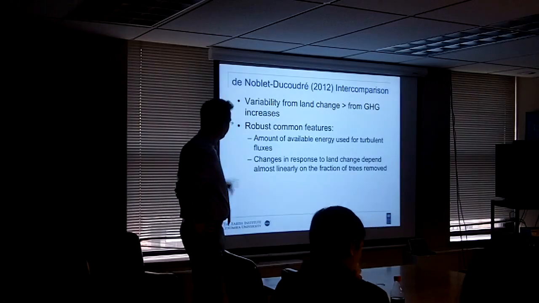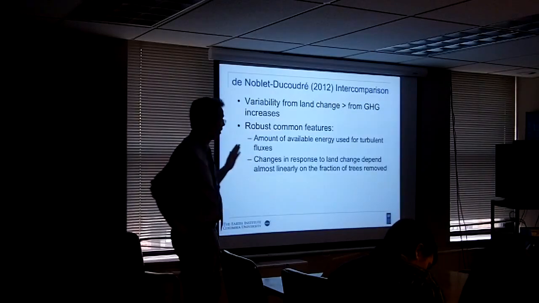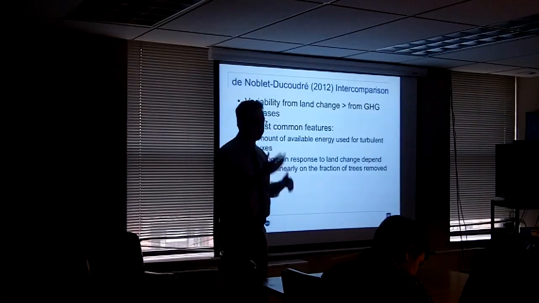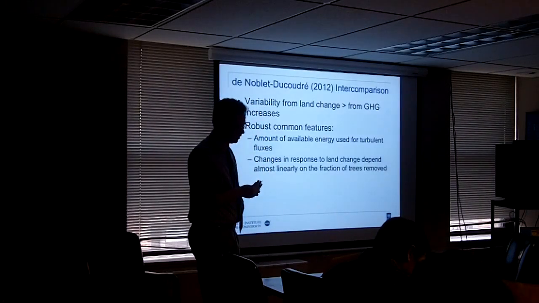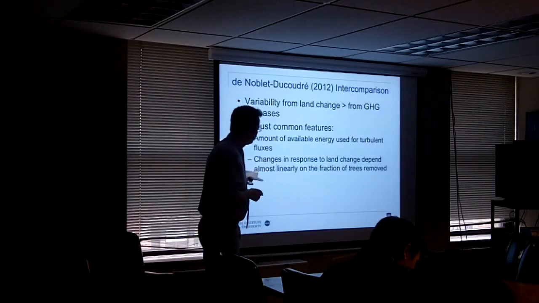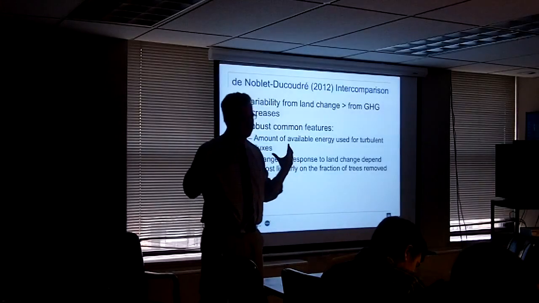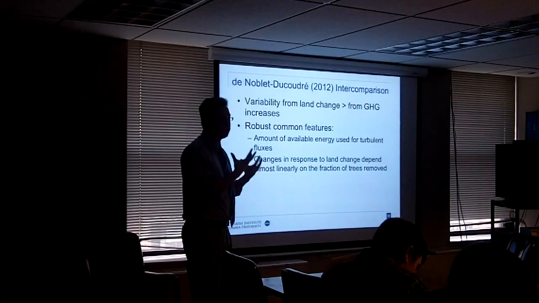Just briefly though, they had some robust common features across models, meaning the amount of available energy for turbulent fluxes was consistent across models. And the changes in response to land change depended almost linearly on the amount of trees that you removed. So that was a robust finding.